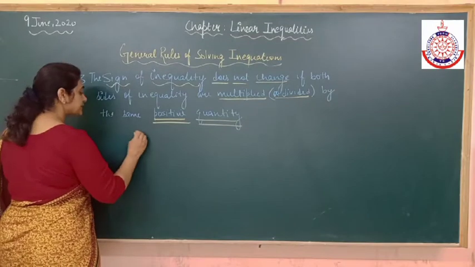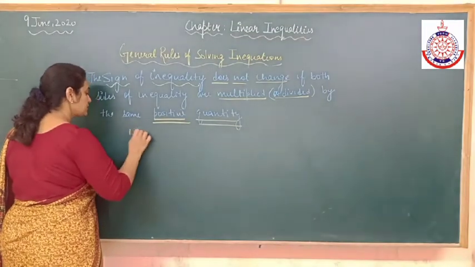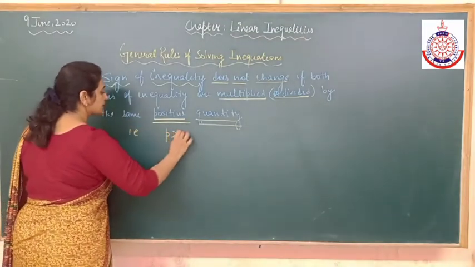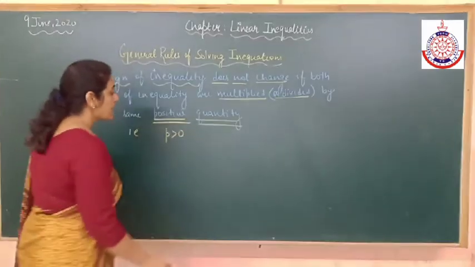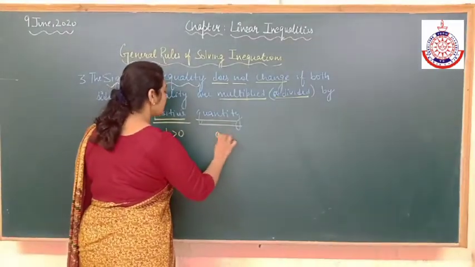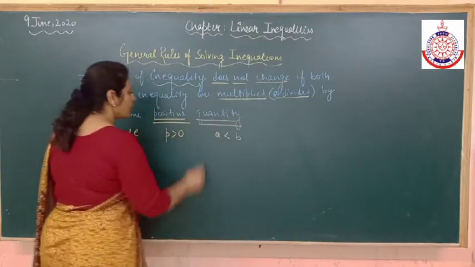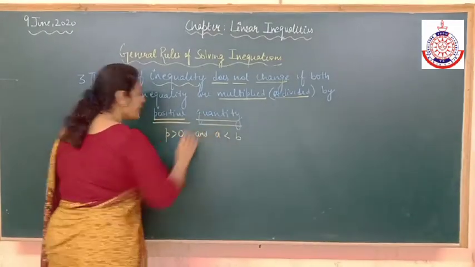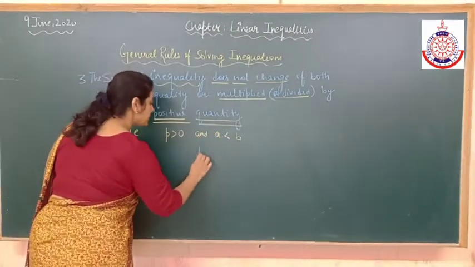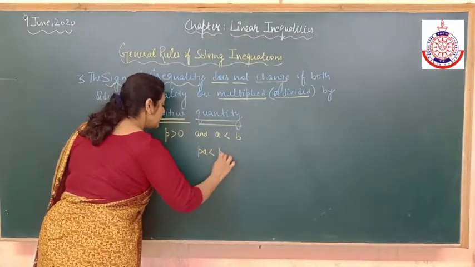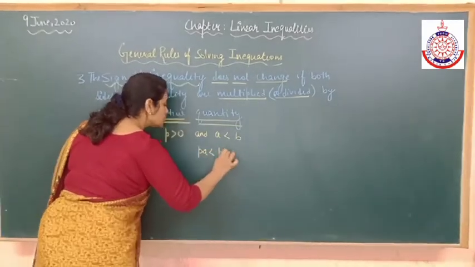Suppose some quantity p is greater than 0, and the inequality is given to be a less than b. Now, if I multiply both sides by p, the inequality will not change.